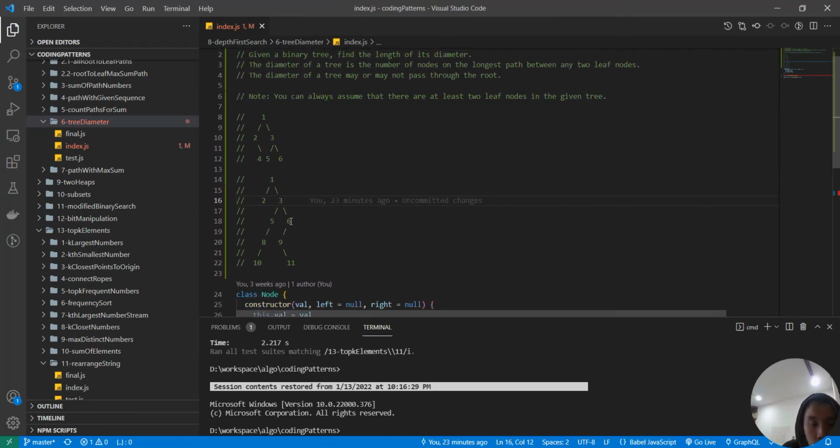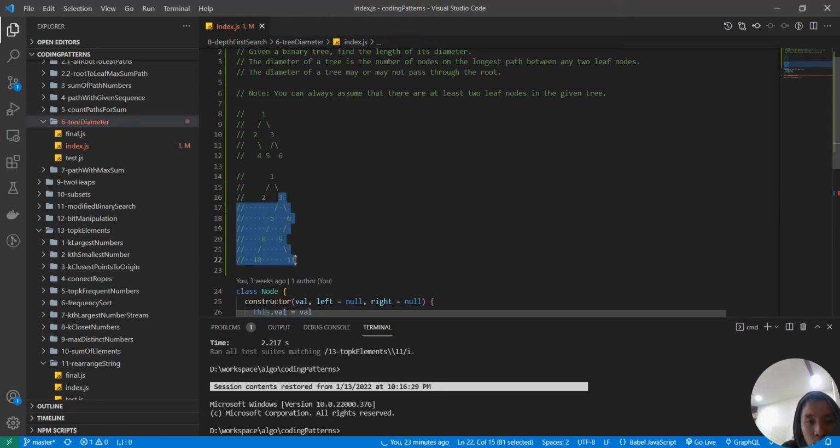So if we consider only this right subtree, then the diameter is again the maximum height of the left branch and the maximum height of the right branch, right?